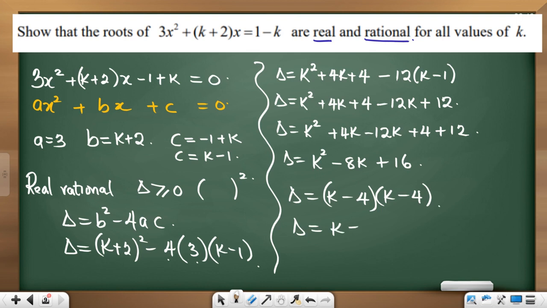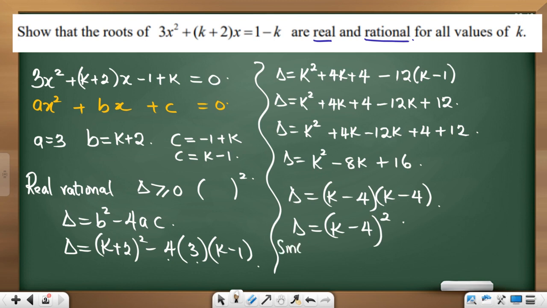Oh, check this. Do you see I've got a square? Rational. And definitely if it's a square, it is greater or equal to what? 0.